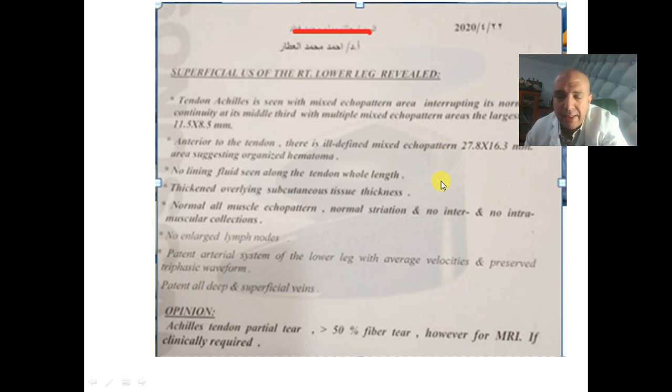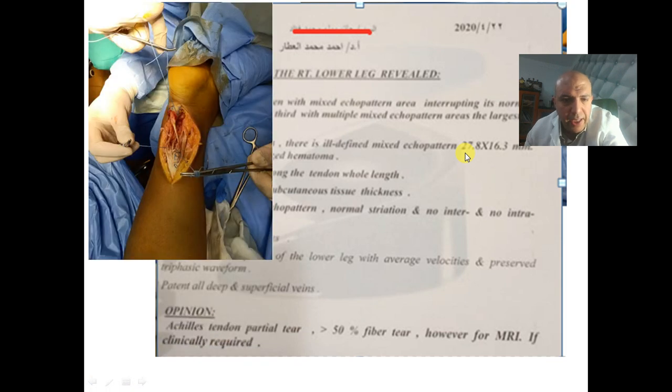I examined him. I suspected Achilles tendon rupture. I did the ultrasound. It showed a gapping of about 1 centimeter, and a hematoma of about 3 centimeters. I prepared him for surgery and opened him and was shocked with this gap.